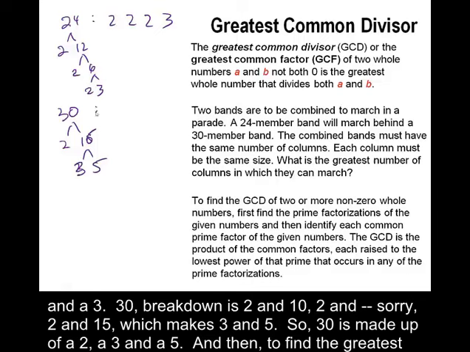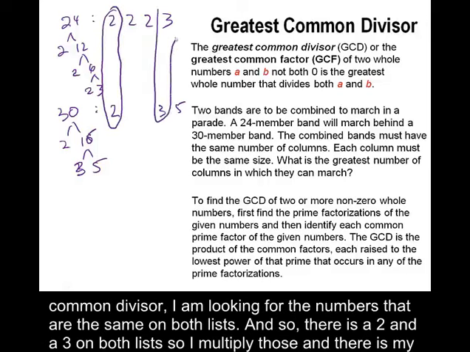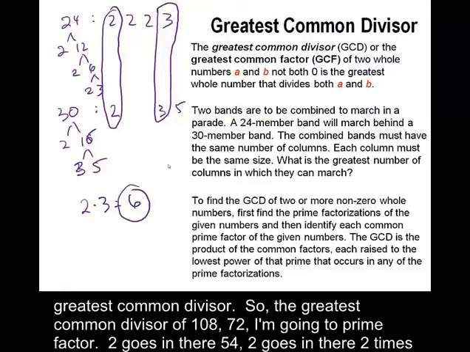And so 30 is made up of a 2, a 3, and a 5. Then to find the greatest common divisor, I'm looking for the numbers that are the same on both lists. There's a 2 and a 3 on both lists, so I multiply those, and there's my greatest common divisor.